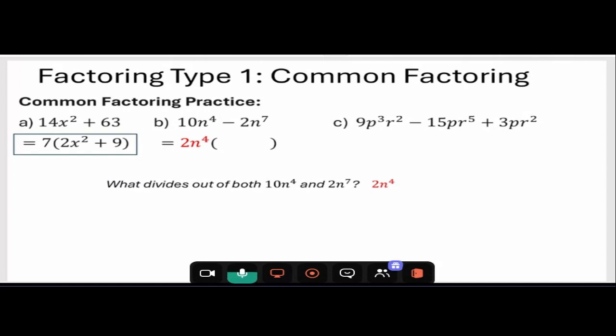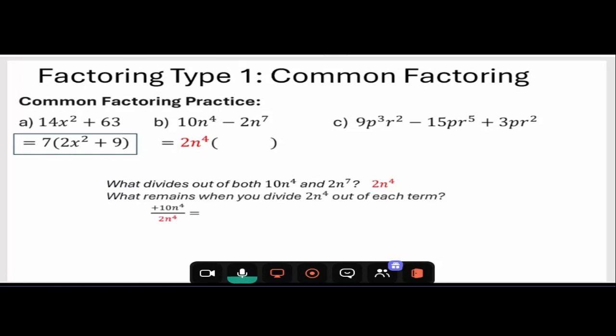Figure out what comes out of everything and write it out front. Now, what remains behind when you divide? From the first term, 10 over 2 is 5, and n to the 4th over n to the 4th is just 1, so we don't need it there, so that's a plus 5.